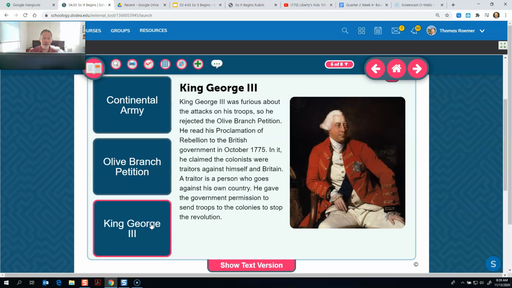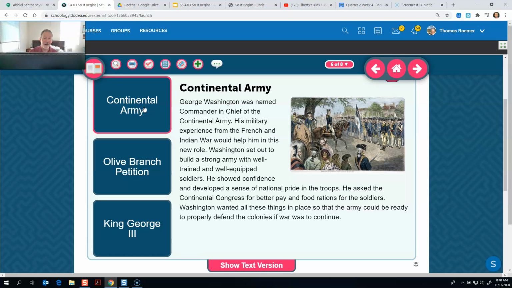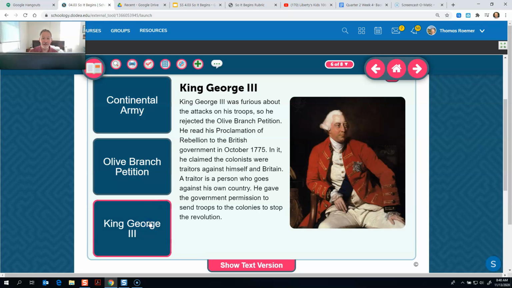King George III saw it and he said, no. I'm mad. You went against us. That's it. So he sent his government permission, it says right here, to send troops to the colonies to stop the revolution. So the olive branch lost out. The Continental Army is going to get ready because King George said, game on, let's do this.